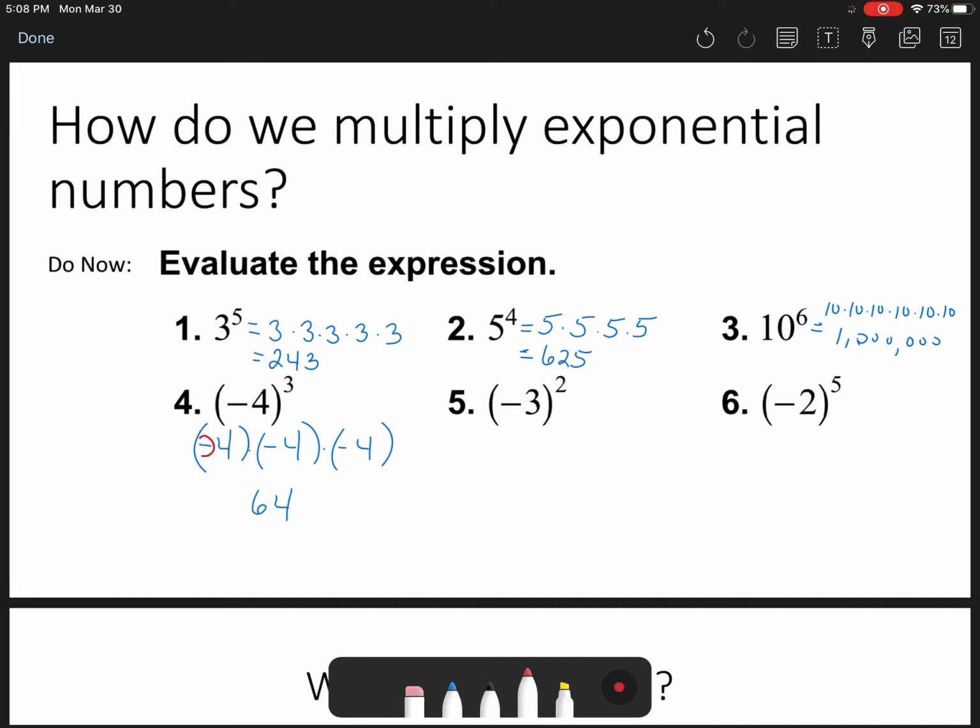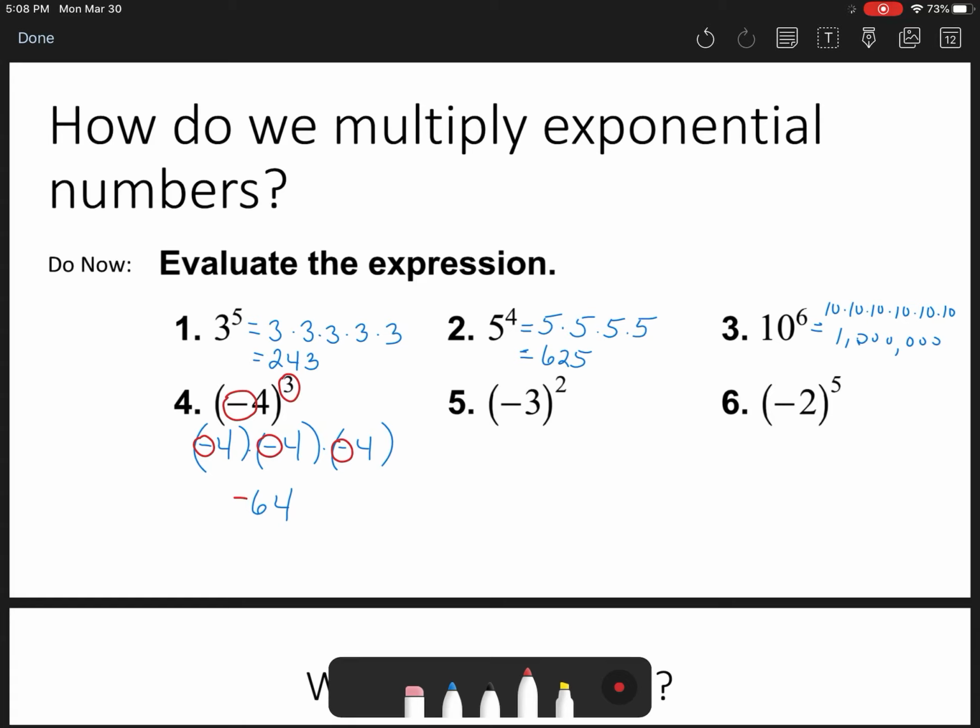So if I multiply this negative times this negative, that's going to make a positive. Now I've got a positive multiplied by another negative, which means our overall answer is going to be negative. So the rule of thumb here is if you've got a negative base and an odd exponent, your answer is going to be negative.